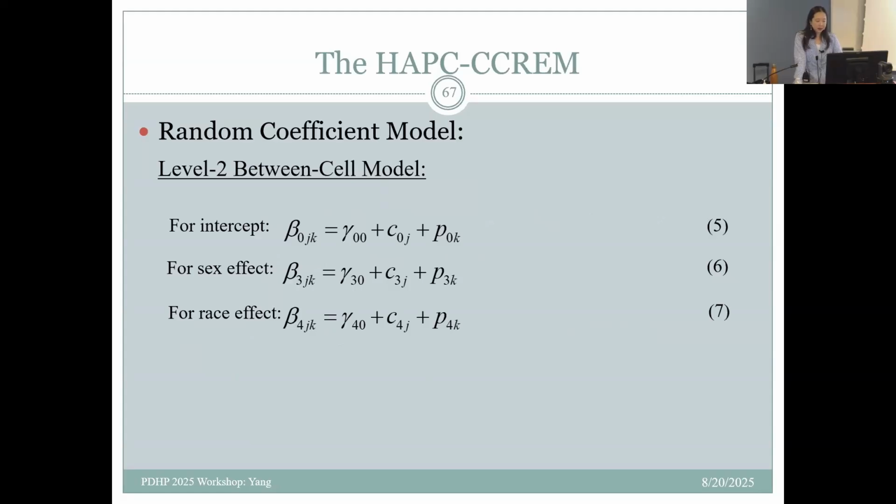They do not show up to be independent of C and P, because the variance components do show up to be significant for these coefficients.